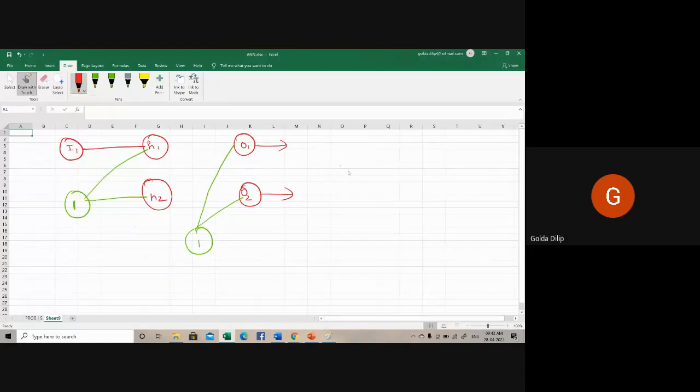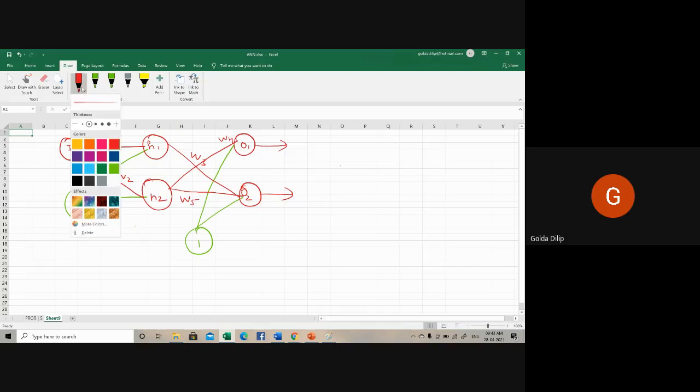The weight associated with this is W1. Then here we have W2. Then this can be your W3 and this can be your W4, and this can be W5, the different weights.